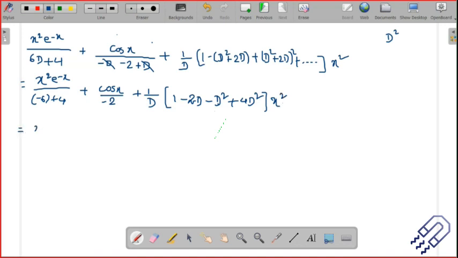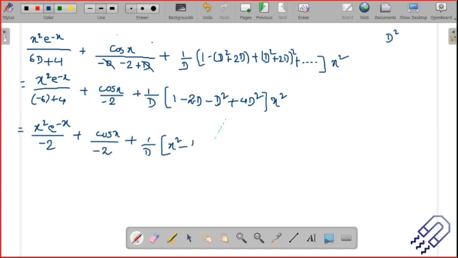So this would be nothing but x square e to the power minus x divided by minus 2 plus cos of x divided by minus 2 plus 1 divided by d, and this would be x square minus 2 times d, that means d dx of x square, that is 2x.